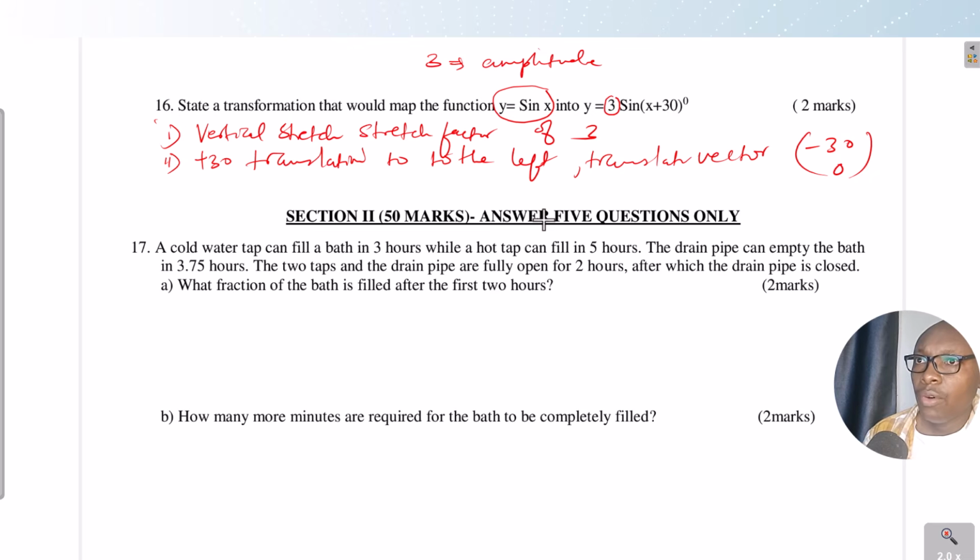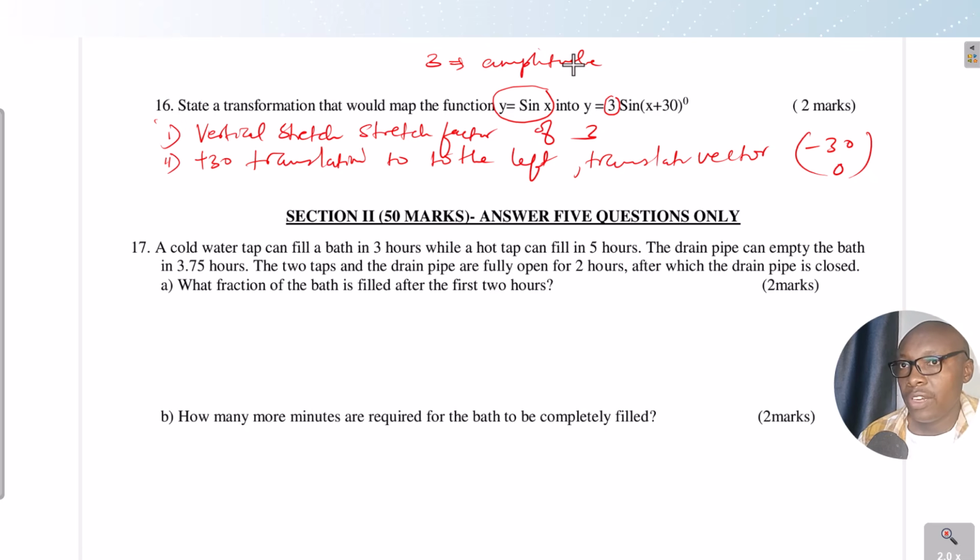And for that angle, which is positive 30, it can be either positive or negative. This angle is referred to as the phase angle, and it shows the curve has been shifted either to the right or to the left by a certain angle. So in this case, the curve has been shifted to the left, if it is positive, by an angle of 30 degrees.